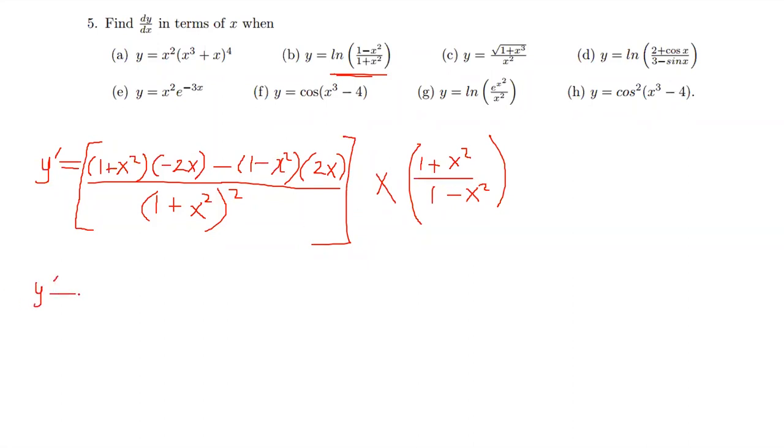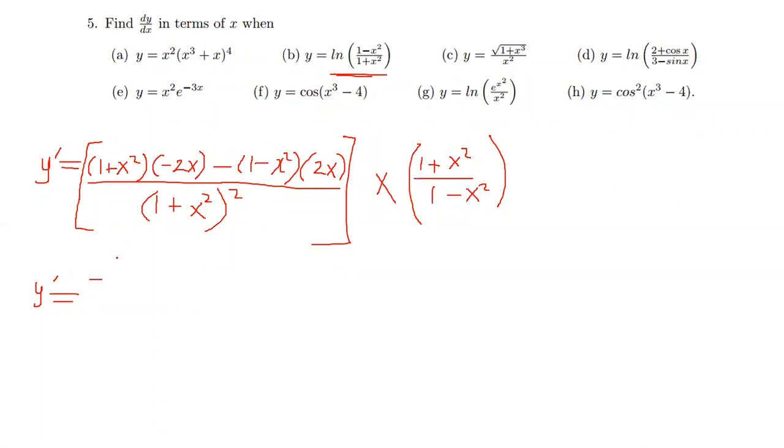So y prime is nothing but equal to, we can multiply it through by this. I wanted to reduce it at least. Now, let us just take it the way it is. So you simplify the top part there, you're going to have negative 2x. Anyway, let me just write that.